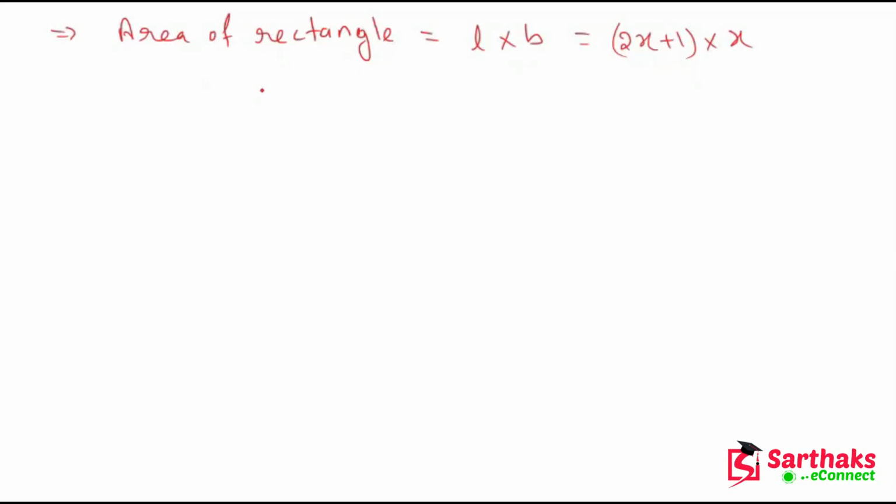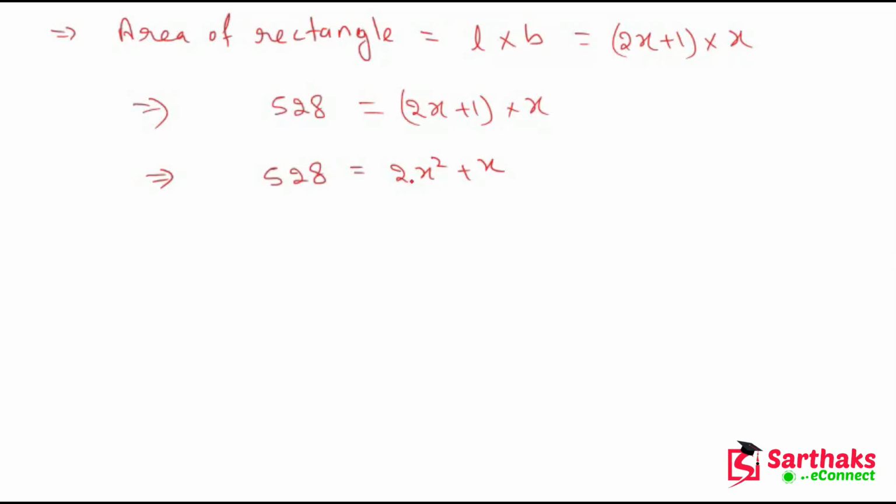Now we know that the area of the rectangle is 528, which is equal to (2x plus 1) into x. So if we solve it, we get 528 is equal to 2x square plus x.